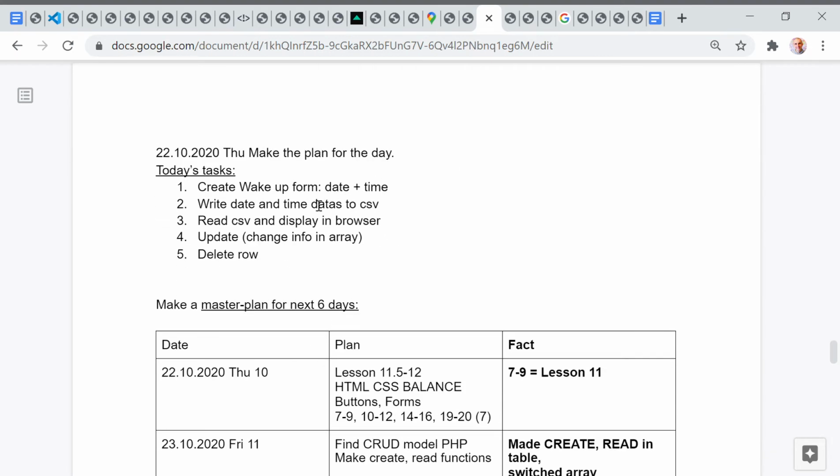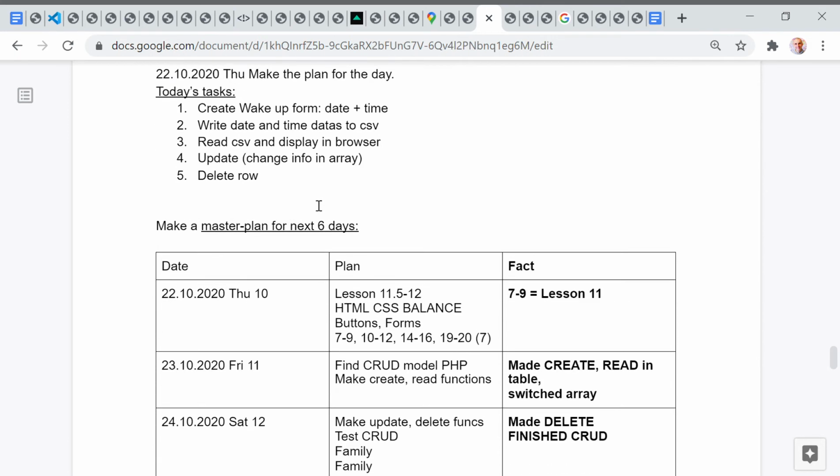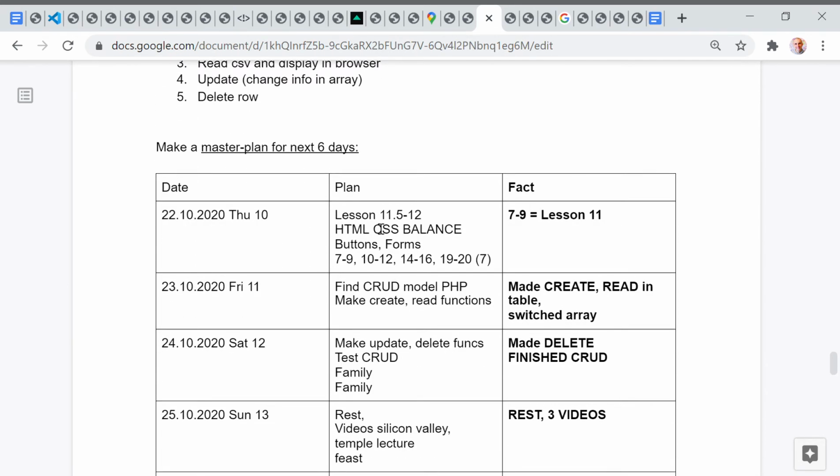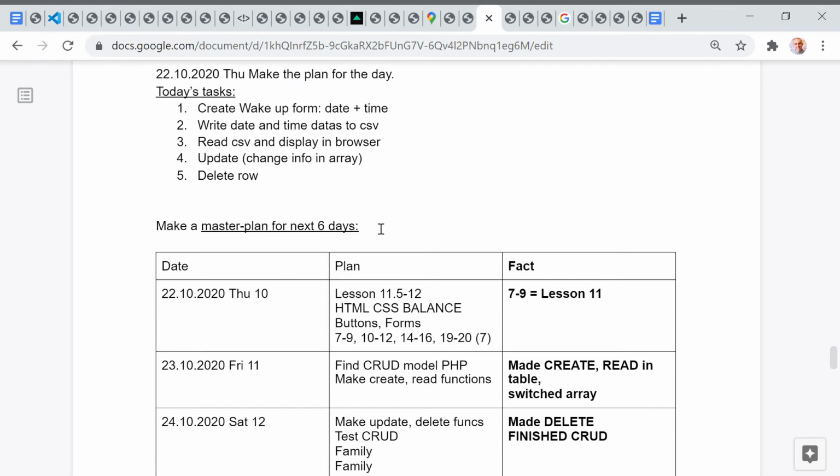So after finishing HTML and CSS, I realized that I had completely forgotten my PHP, and then I messaged Alexander that I had faced this stage.